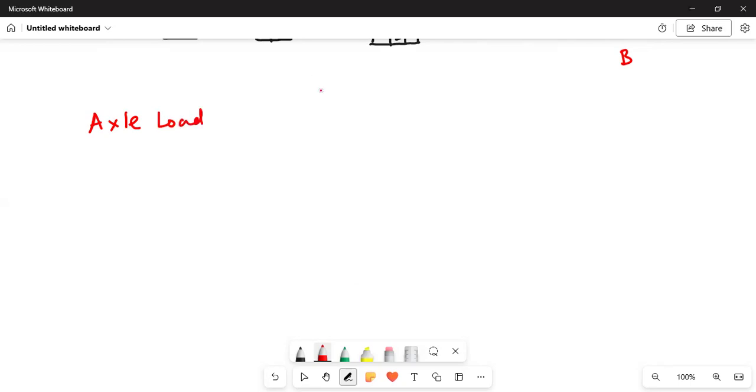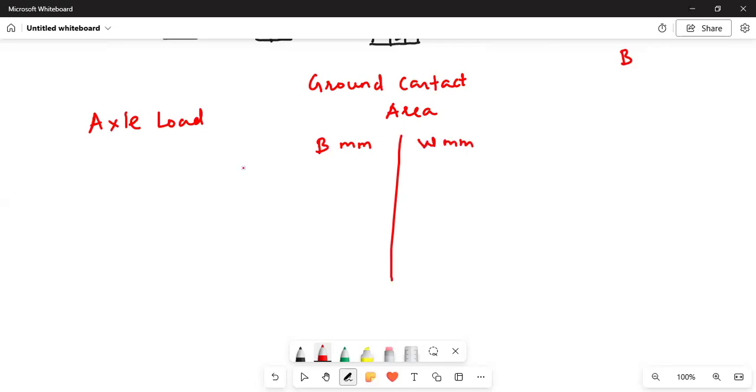Ground contact area, B in mm and W in mm.